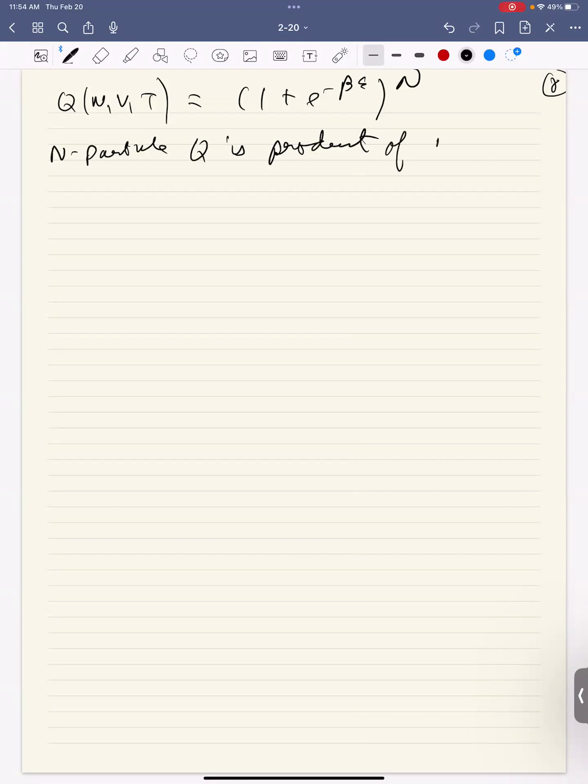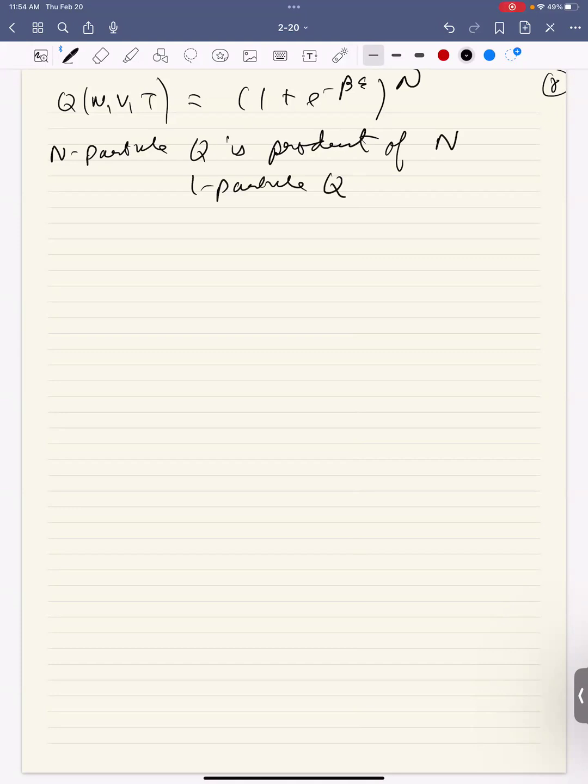Q of NVT is equal to 1 plus e to the power minus beta epsilon to the power n. This expression is also very important because what does it show you? It shows you that the n particle Q is a product of n one particle Q.